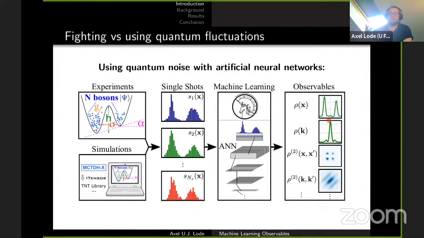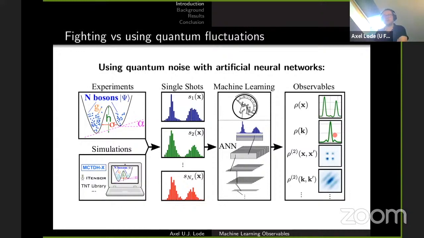Highly accurate means we need many single shot images in order to perform the conventional averaging and to obtain these observables with large accuracy, and use them as the labels for our supervised regression. This is one simple, brute force way to apply this to experimental data.